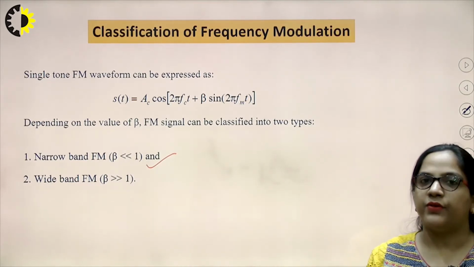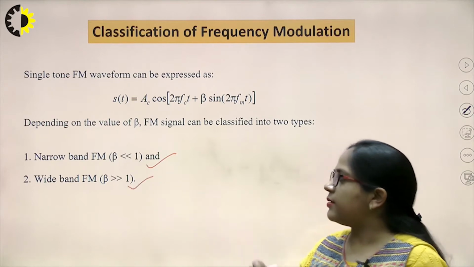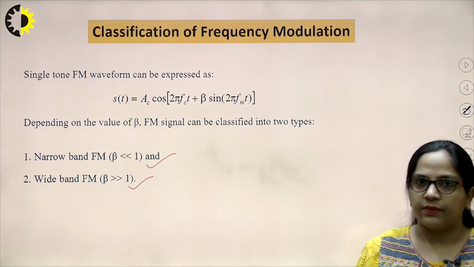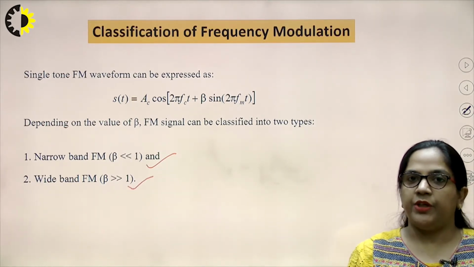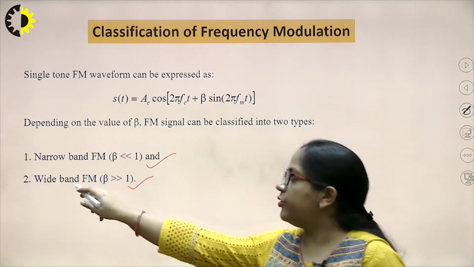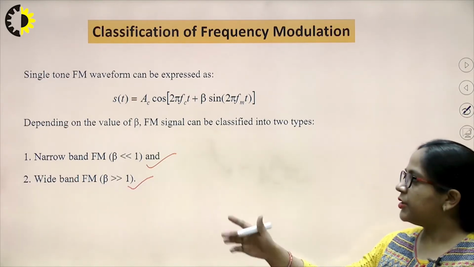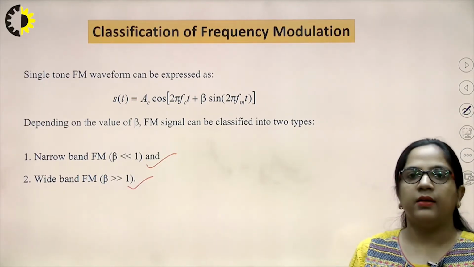Narrowband means the bandwidth will be small. If the value of modulation index beta is much greater than 1, that is if the deviation is more, then we can consider the FM a kind of wideband FM. That means the bandwidth in such kind of frequency modulation will be large.